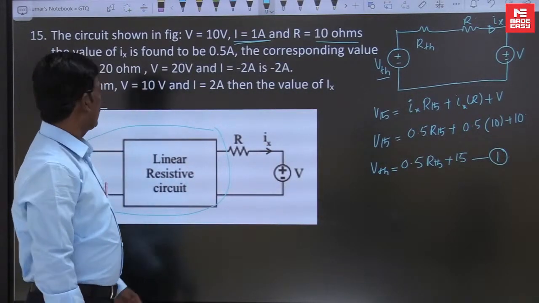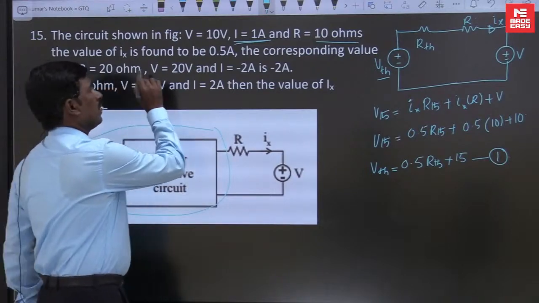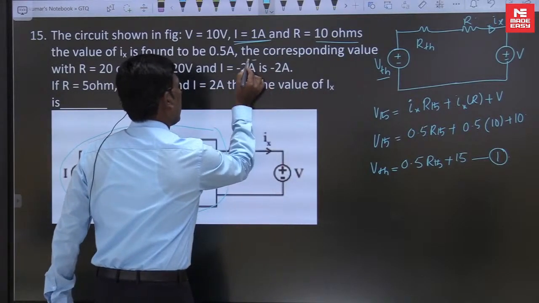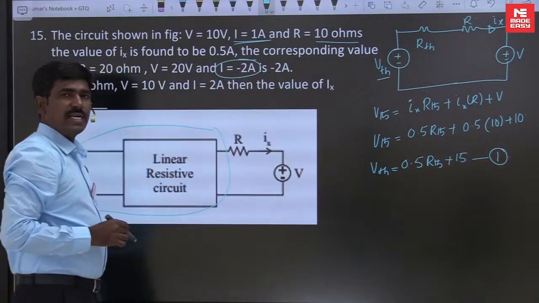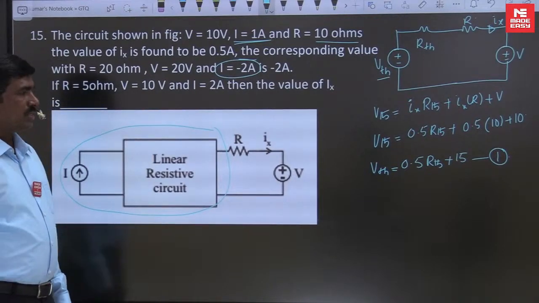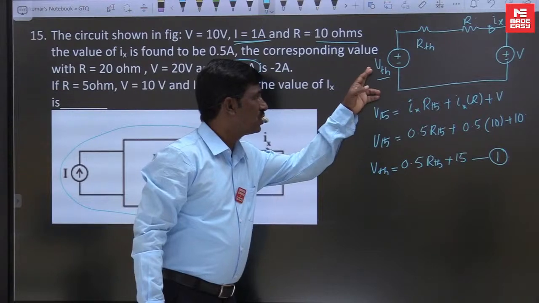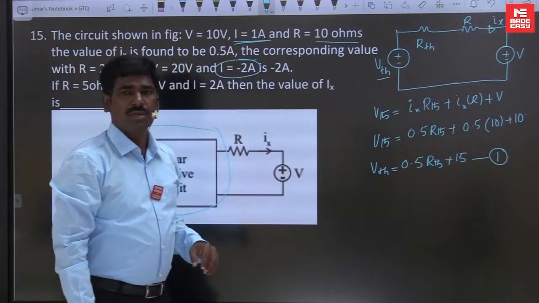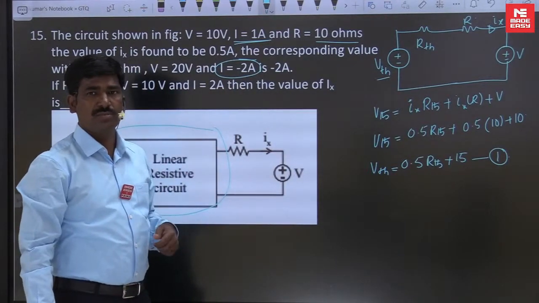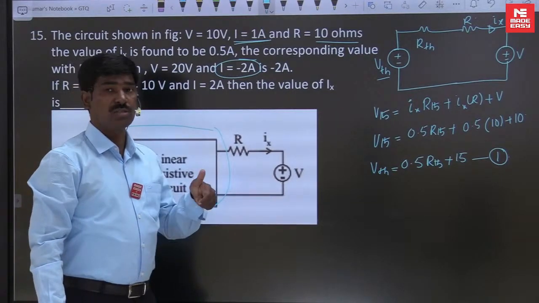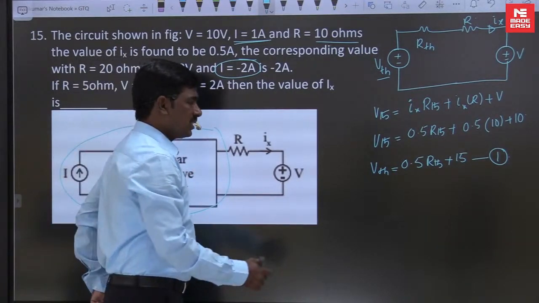Now look at the second information. The corresponding I, the source current, is changed to -2 amperes. At 1 ampere the Thevenin voltage is VTH, but the current source is changed, so the open circuit voltage also changes. How much is the open circuit voltage now?